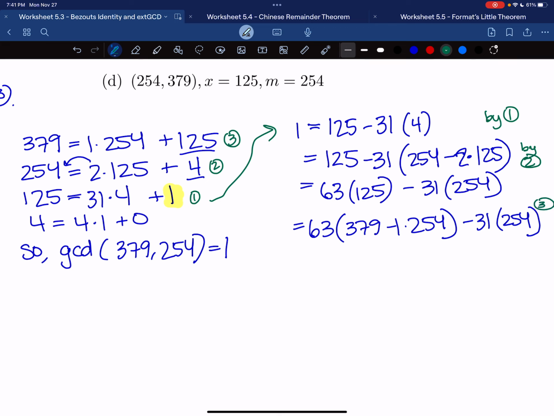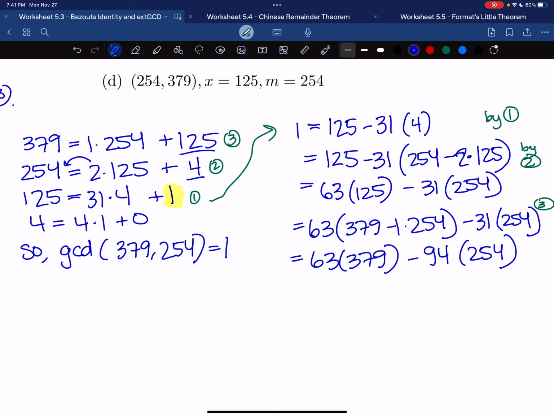Okay, so cleaning that all up, that's 63 times 379 minus 63 times 254 and minus 31 times 254, so that's minus 94 times 254, and so now we have that 1 is equal to 63 times 379 minus 94 times 254.